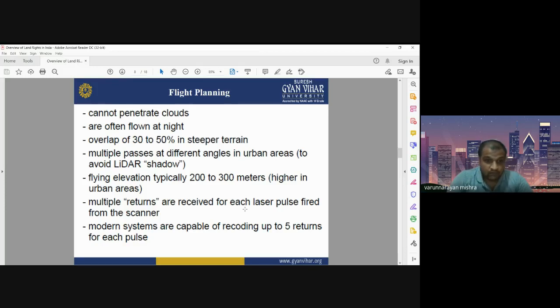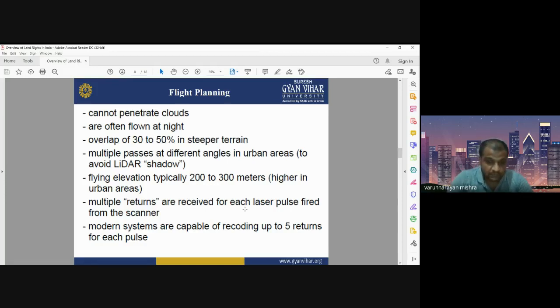Flying elevation. In case of an urban area, the flying elevation is typically 200 to 300 meters, but when your urban area has tall buildings, it may be up to 1 kilometer. Normally, if there is a plain terrain, you can fly your aircraft at 200 to 300 meters.